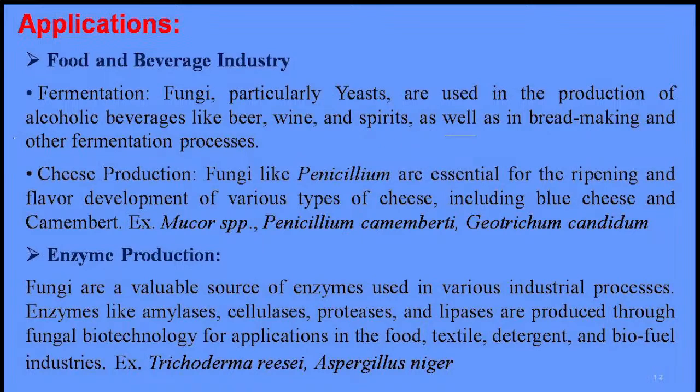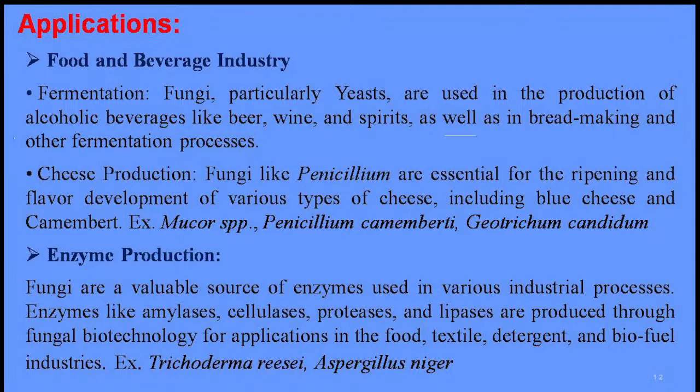For example, Trichoderma or Aspergillus are some examples which can be used in these enzyme productions. So Trichoderma reesei, this filamentous fungus, is a well-known producer of cellulase enzymes which are essential for the breakdown of cellulose in plant biomass. These enzymes are used in the production of biofuels, paper and pulp industry and in various other biotechnological processes.